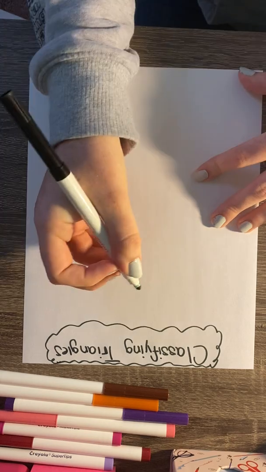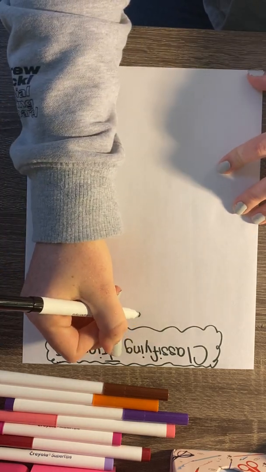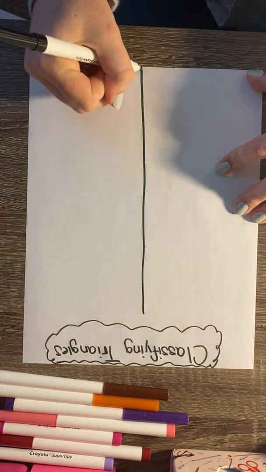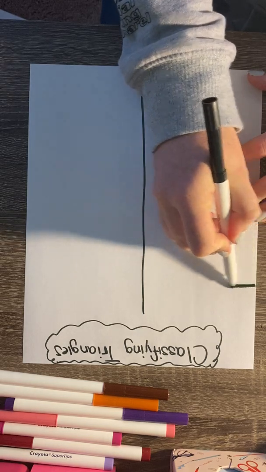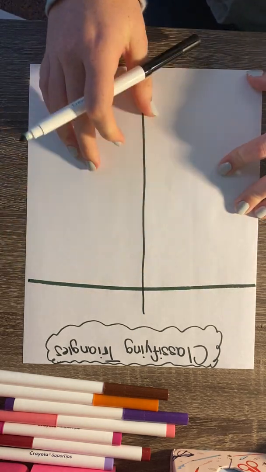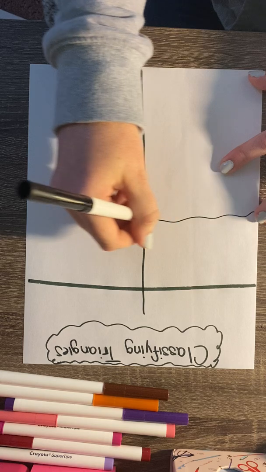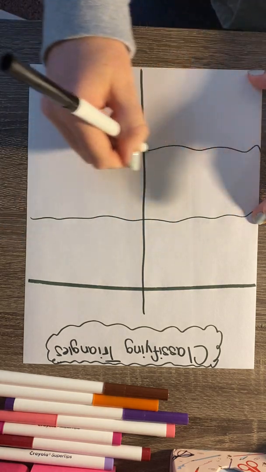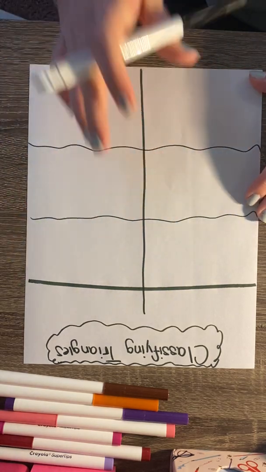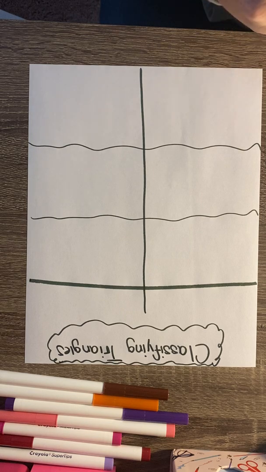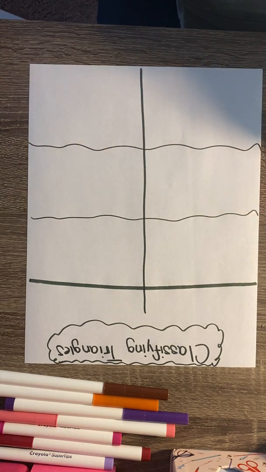Okay, so once you got that, we're going to split our page into two, and then we're going to have three sections down here, okay? So one, two, three, okay?